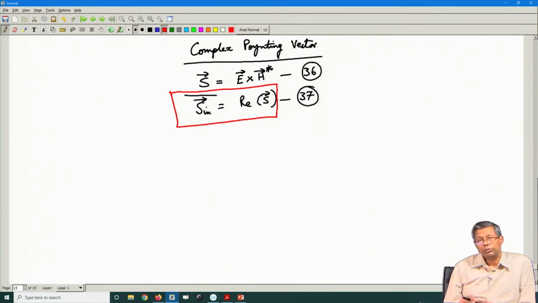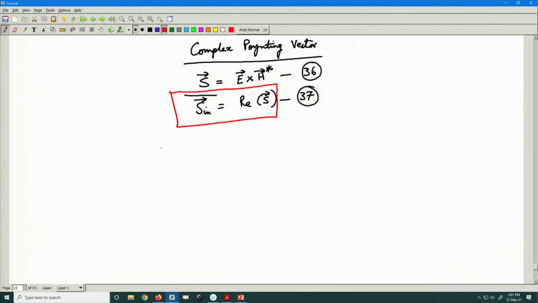We will again begin with a different vector identity, starting from Maxwell's equations in the time harmonic domain.